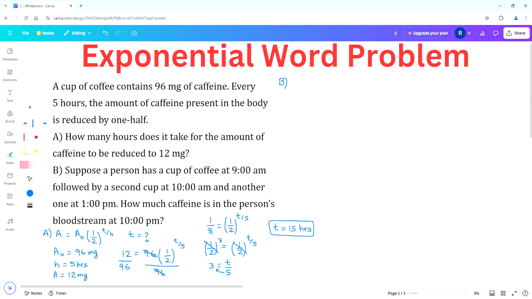For that, we should find out how much caffeine is left in the person's bloodstream at 10 p.m. from each cup and then add those amounts to find the total amount of caffeine that's in the person's bloodstream at 10 p.m. Let's start with cup 1.